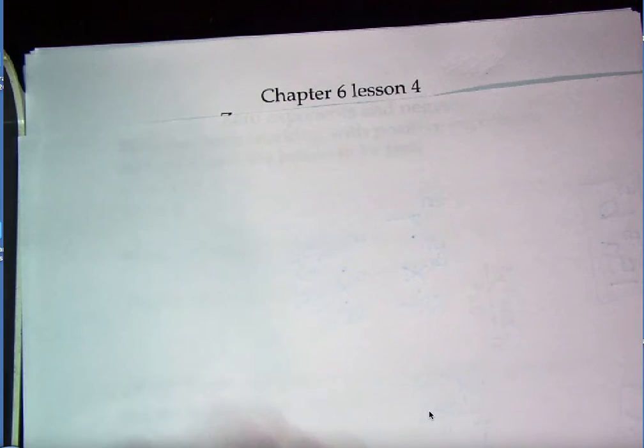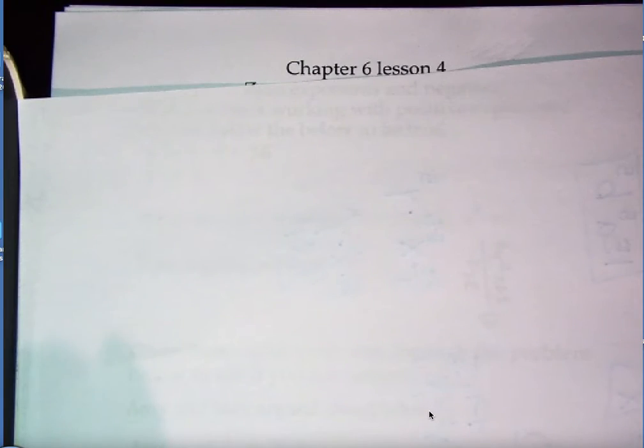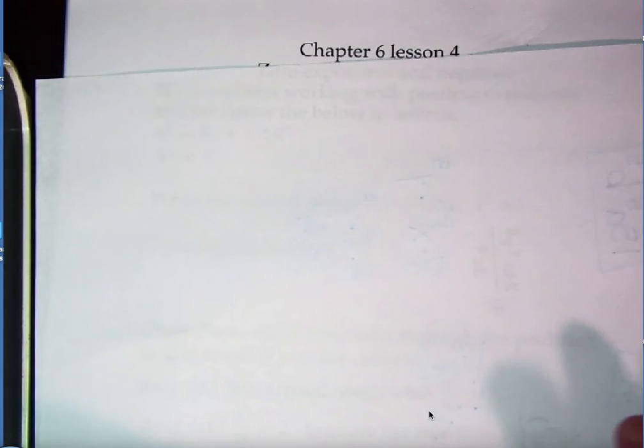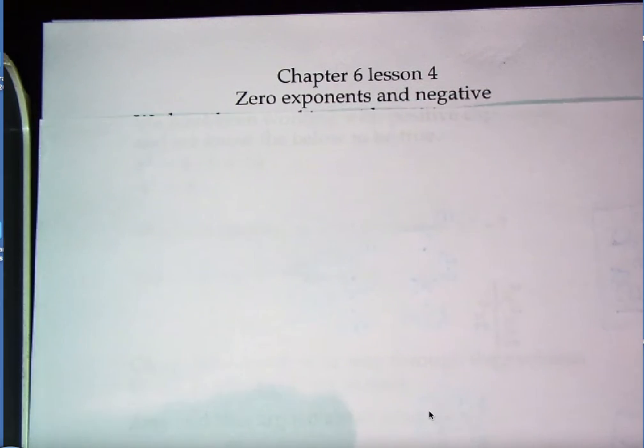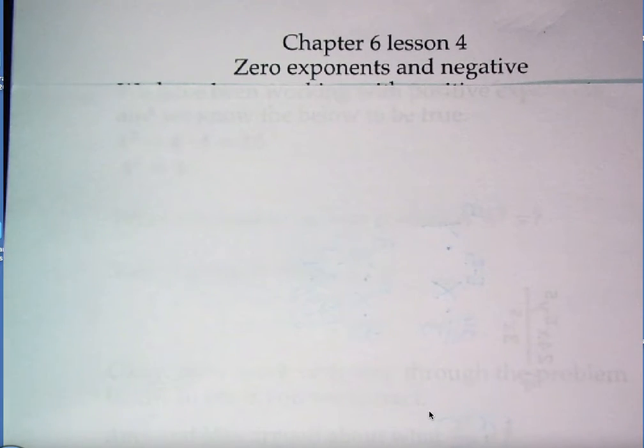So in our second part, our fourth lesson for chapter 6. Here we go. What we've kind of left out, and some of you have been asking questions about, is thinking about, like, Mr. Moran, 0 and negative exponents, right? How does that work?